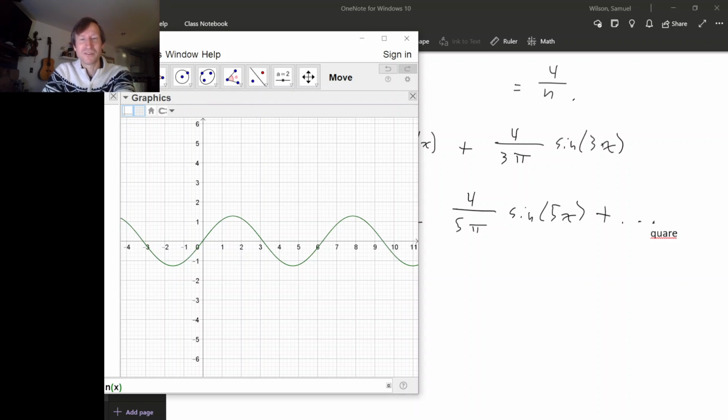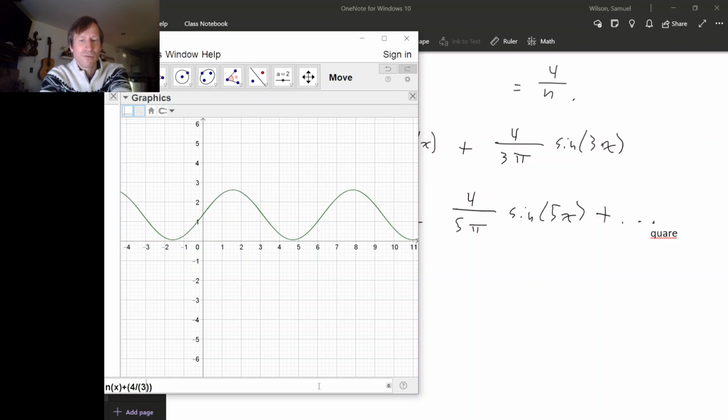Remember, we're going from 0 to 2 pi, so 2 pi is just a bit bigger than 6, so keep your eye on this. And remember, the square wave is 1 up until pi, and then drops down to minus 1 until 2 pi. Okay, so the next term is 4 over 3 times pi times sine of 3x.